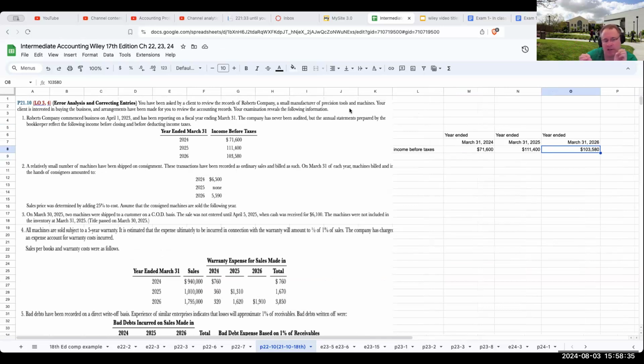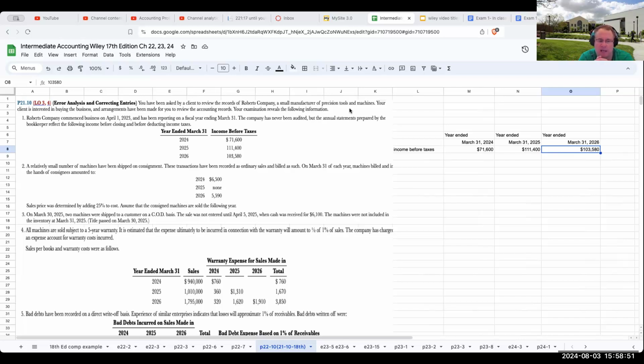Okay, a relatively small number of machines have been shipped on consignment. These transactions have been recorded as ordinary sales and billed as such on March 31st of each year.